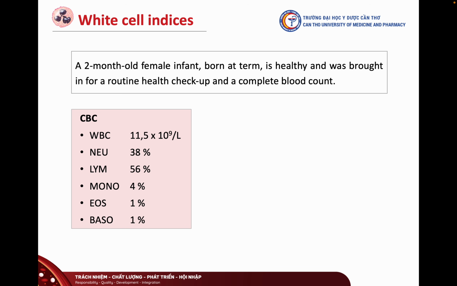Now, here is the question. Could this still be a healthy child? Or should we worry about something more serious like leukemia? Before jumping to conclusions, let's take a step back and review how white blood cell counts normally change in children.